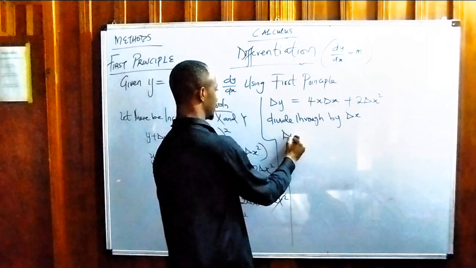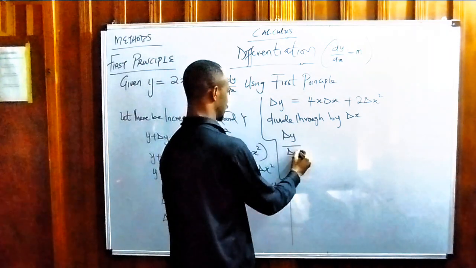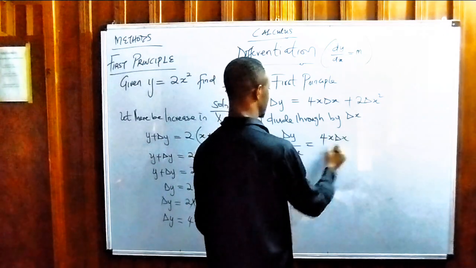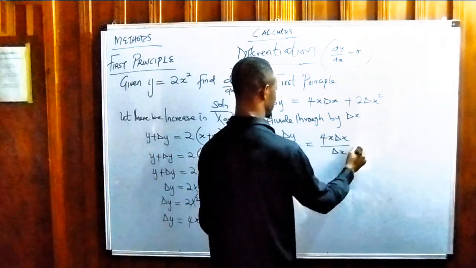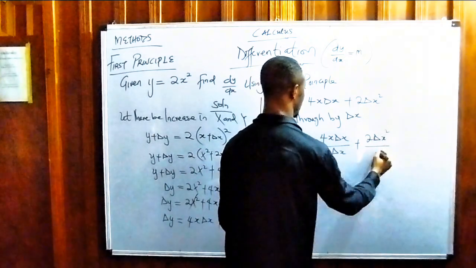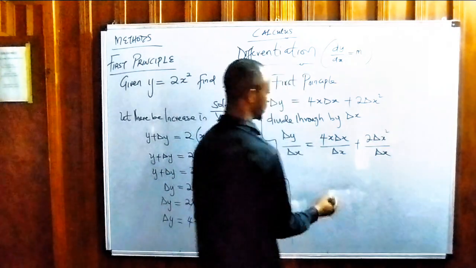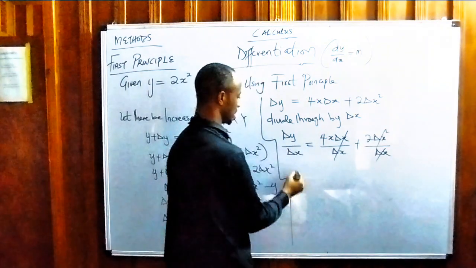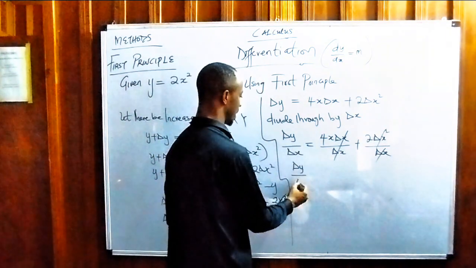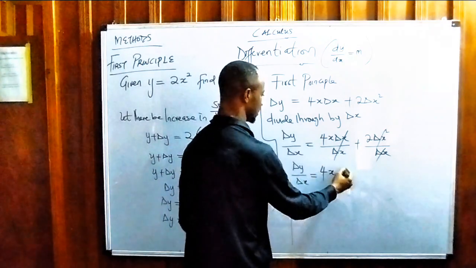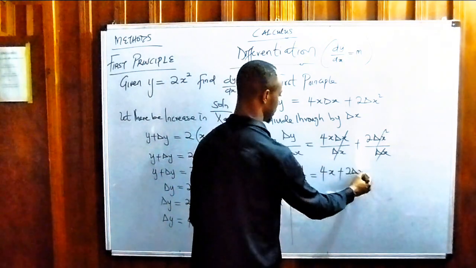This will give us delta y over delta x equals 4x delta x over delta x plus 2 delta x squared over delta x. One delta x will cancel one of these. So we have delta y over delta x equals 4x plus 2 delta x.